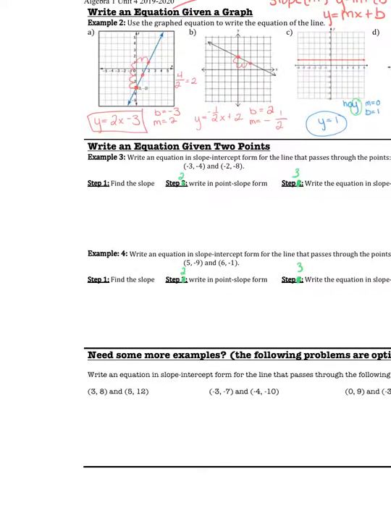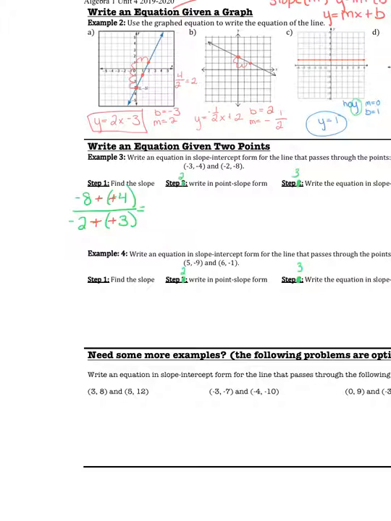So this is just like how we would find the slope in the first half of this unit. So we would do negative 8 minus negative 4 all over negative 2 minus negative 3. So again, I know minus and negative turns to plus, so I'm just going to put these plus signs in here.